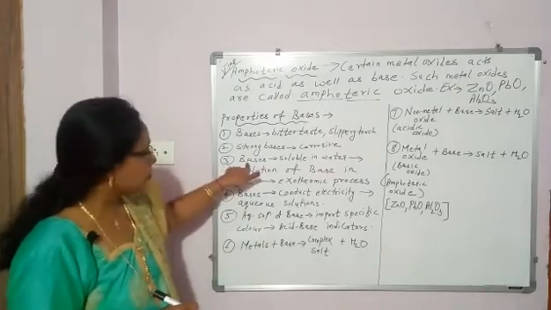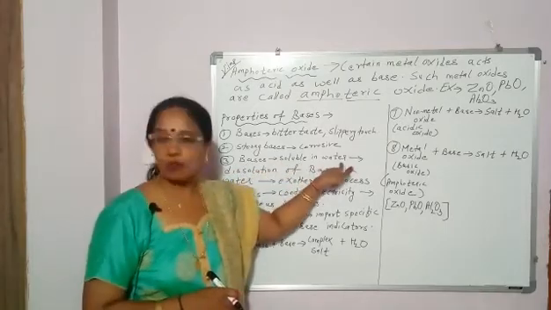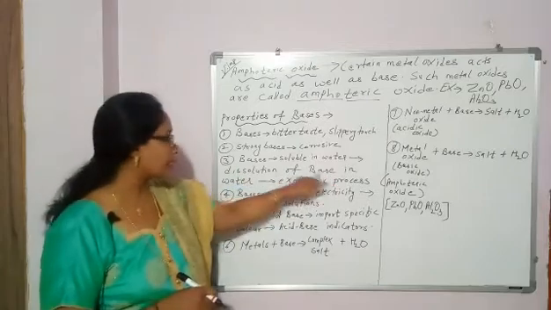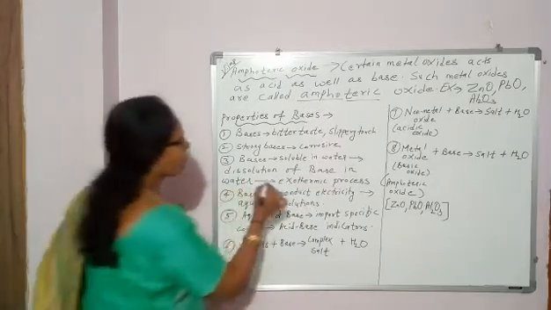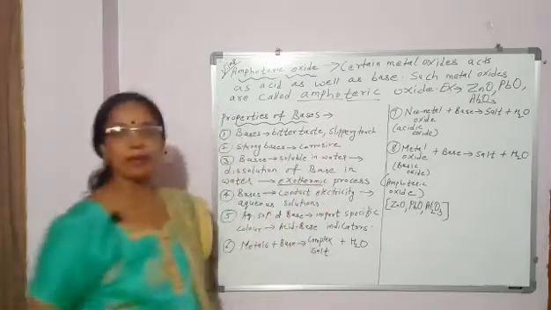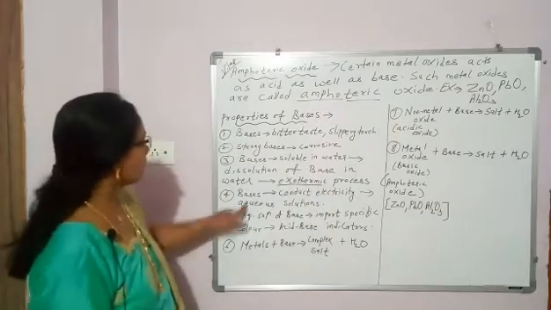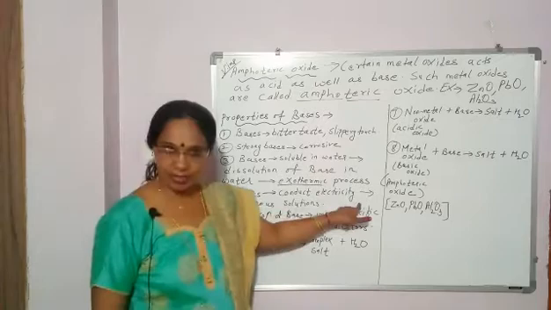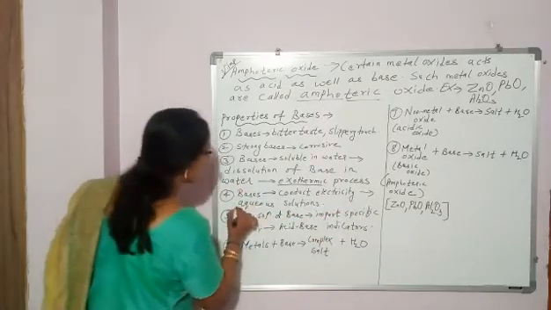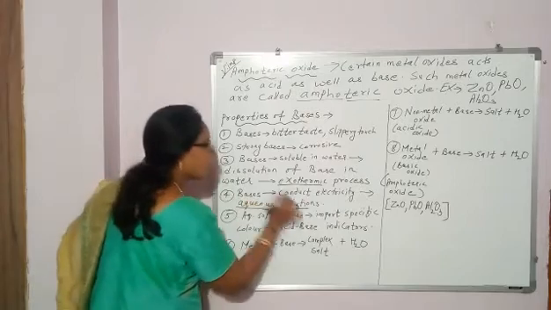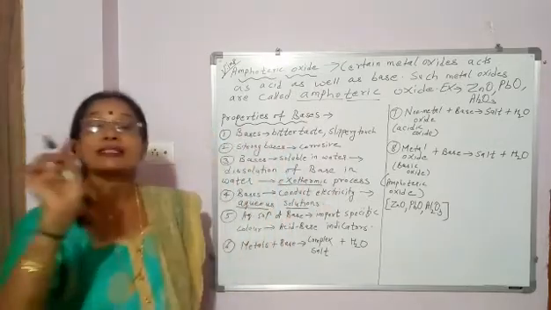Third, bases are soluble in water. And dissolution of base in water is what type of process? Exothermic process. Heat is evolved. Next, bases conduct electricity in their aqueous solution. Means when base is dissolved in water, it conducts electricity.